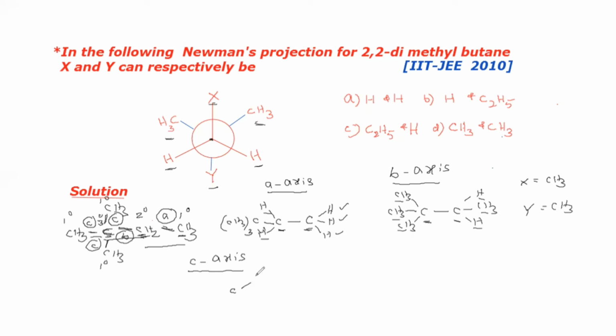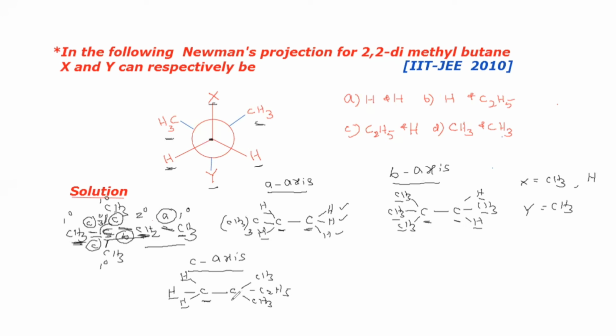On the other carbon, groups are three hydrogens. This carbon is matching with the front side carbon of the Newman formula. Here and there are two hydrogens. One more group is H here, but here X. Therefore, X can be H.